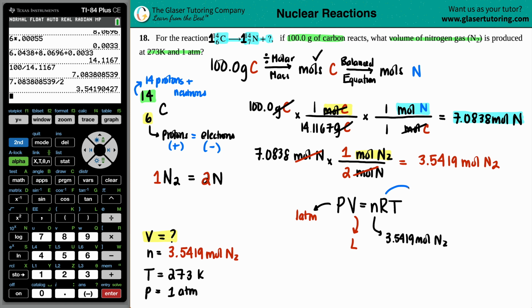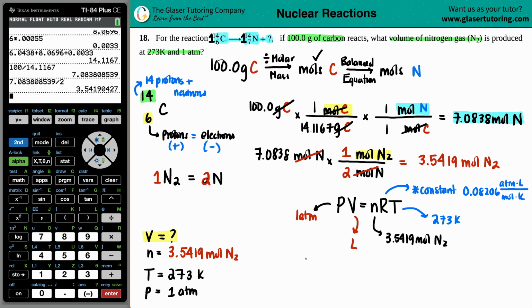The R value is the constant gas value, and that's 0.08206, or you could do 0.0821. That has all the units in there: atm times liters over mole times Kelvin. So that means that the temp has to be in Kelvin, but that's all good because we have 273 Kelvin.